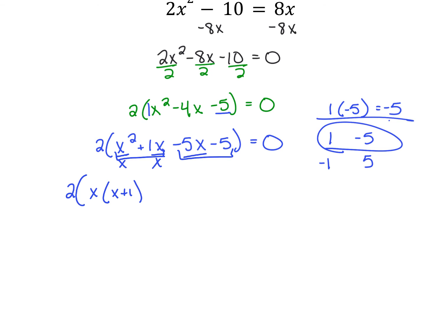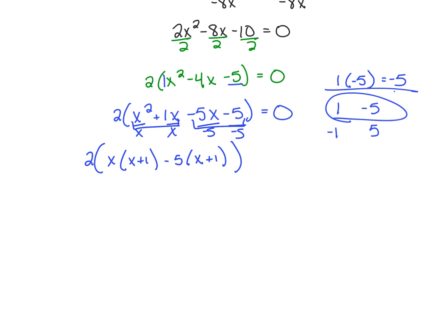In the second part, they both have a negative 5 in common. So we're going to factor out a negative 5, and we'll be left with x plus 1. Okay. And then again, those are the same, so I would be able to rewrite this one. Keep that 2 out front. We have x plus 1, and then what's left over is that x minus 5. Okay, and that will all equal 0.